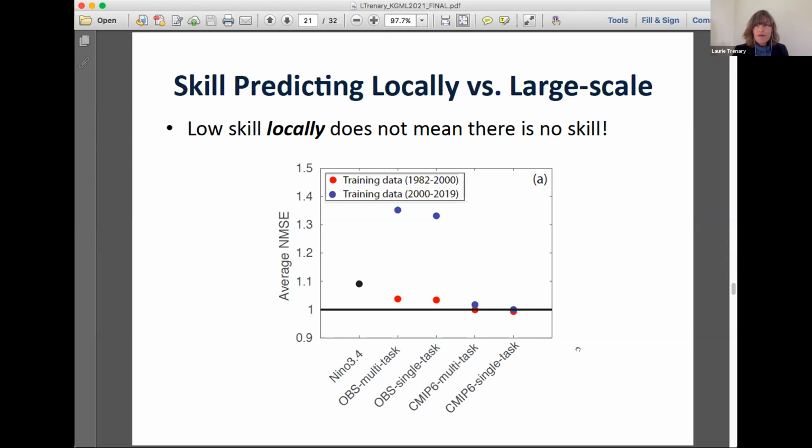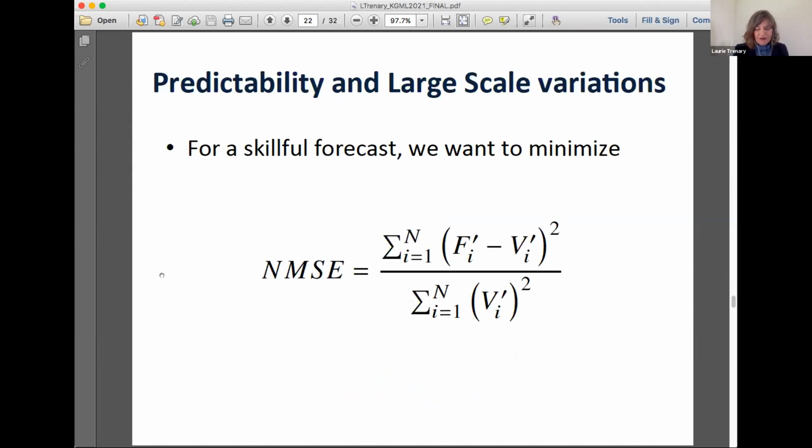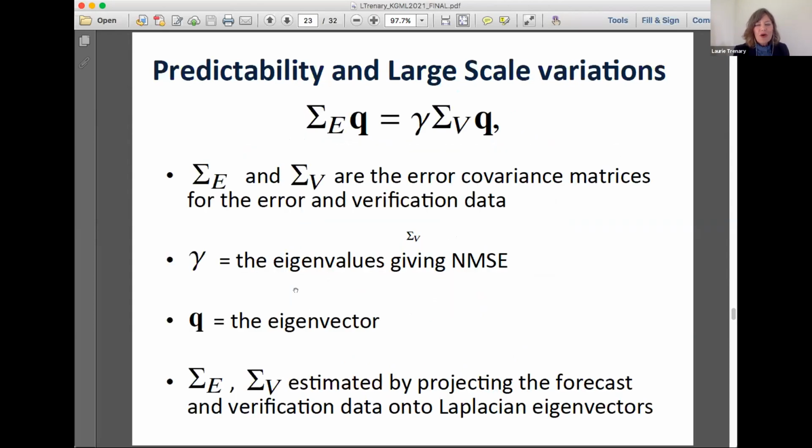Because we're considering climate, we would expect that if you have predictability, it should be associated with a large scale feature. And so when we have a skillful forecast, we want to minimize the mean square error. Essentially what we have is a ratio of variances, and we can show that this can be reformulated in terms of an eigenvalue problem.